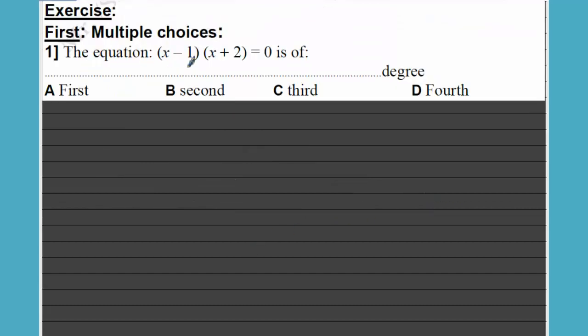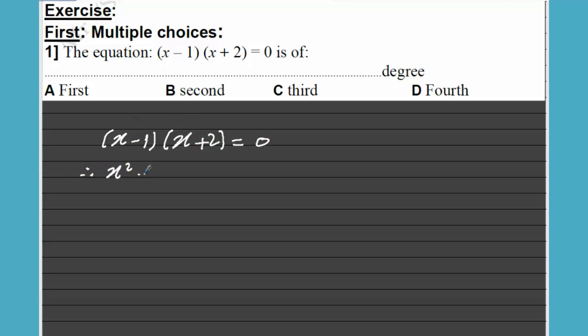The equation x minus 1 multiply x plus 2 equals 0 is of first degree, second degree, third degree, or fourth degree. So first we can expand this equation. We write x minus 1 multiply x plus 2 equals 0. So x multiply x equals x square.